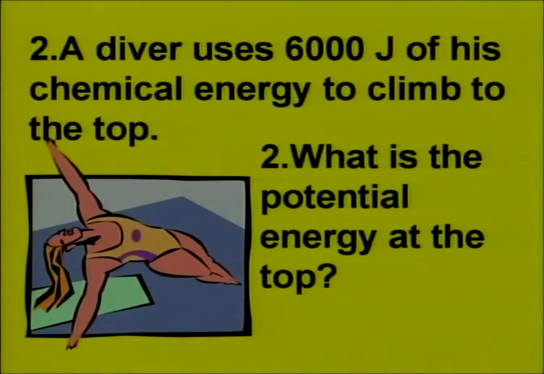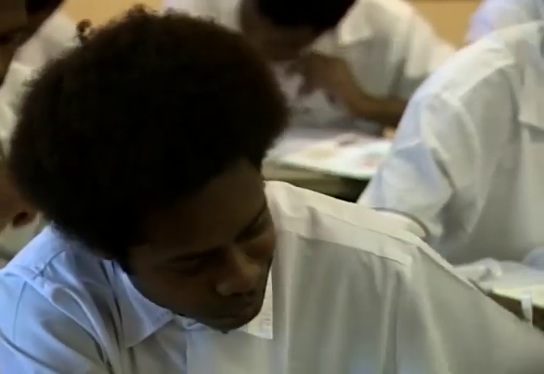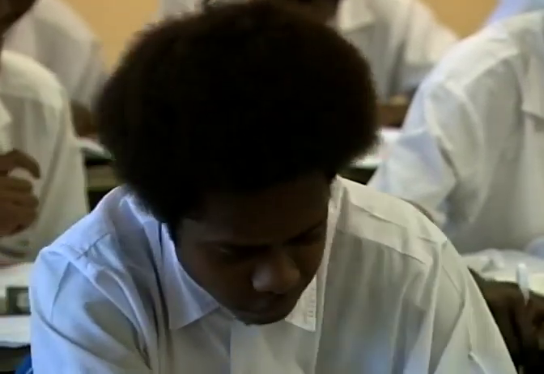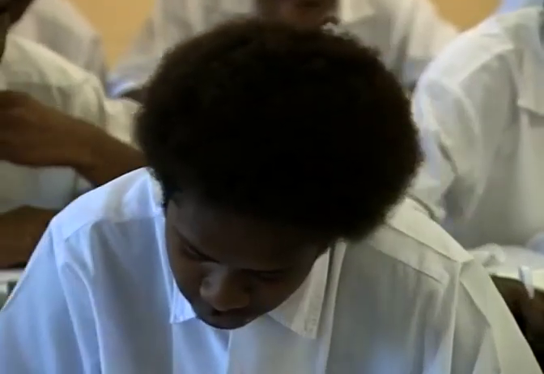Okay, Malcolm, you give us the answer. 6,000 joules of potential energy. All right, if he does work of about 6,000 joules, then when he is up at the top, he will have 6,000 joules of energy.